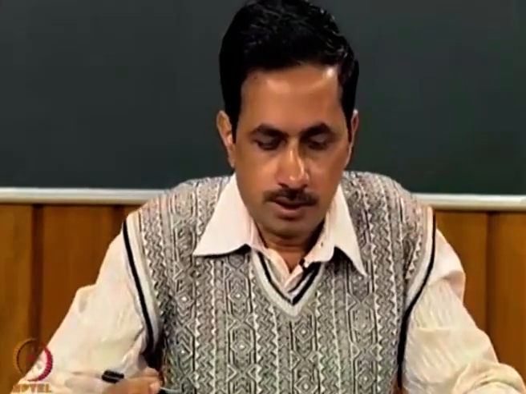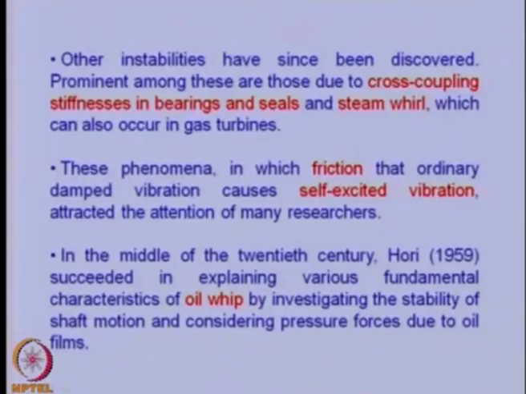So, other instabilities have since been discovered. Prominent among these are those due to cross coupling stiffness in bearings and seals and steam whirl, which can also occur in gas turbines. These phenomena, in which friction that ordinarily damps vibration causes self-excited vibration, attracted the attention of many researchers.